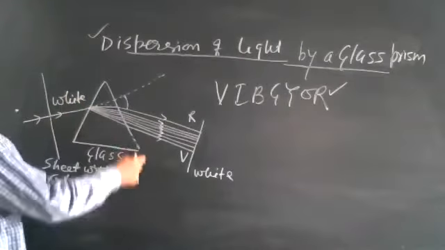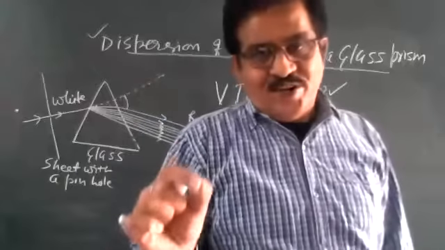White light is coming, we are getting 7 colors. This is called dispersion of light.